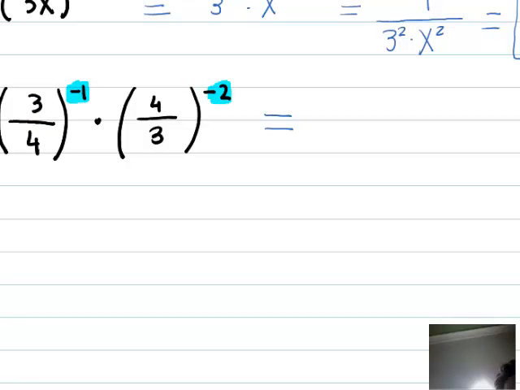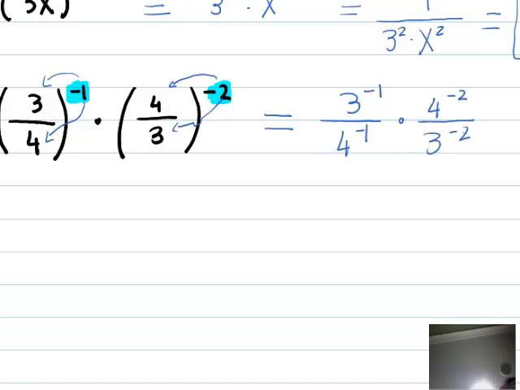Here's what I'm going to get: the first factor is 3 to the negative 1, and then 4 to the negative 1, and then same thing over here, times 4 to the negative 2 over 3 to the negative 2.